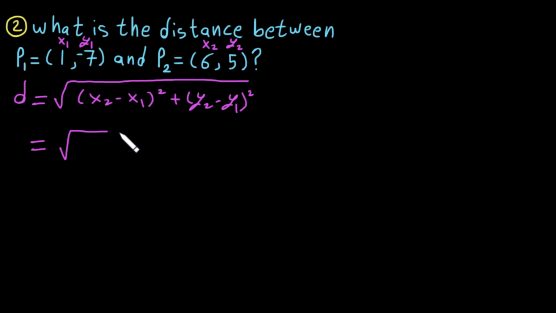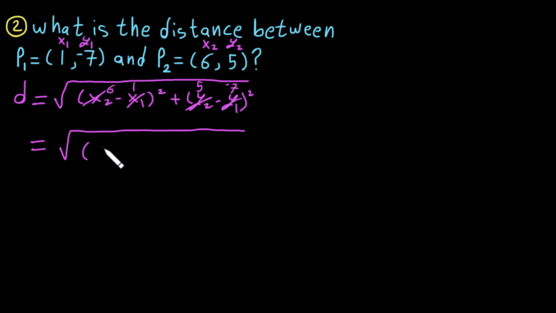So here we have the square root. Instead of x2, we write 6, and instead of x1, we write 1. Instead of y2, we write 5, and instead of y1, we write negative 7.